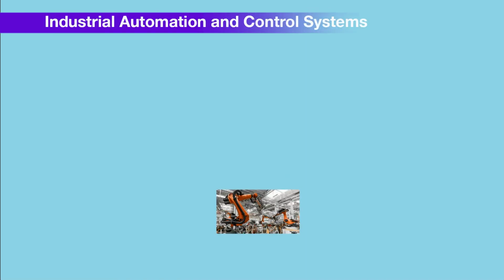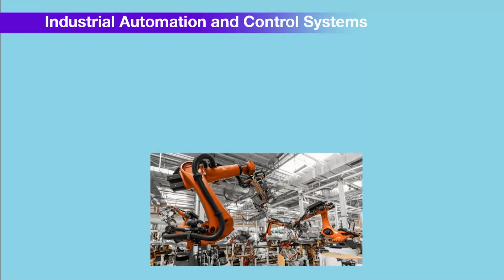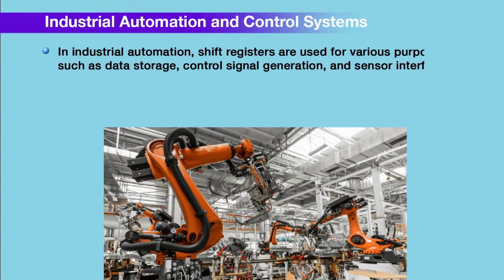The next is industrial automation and control systems. In industrial automation, shift registers are used for various purposes such as data storage, control signal generation and sensor interfacing.